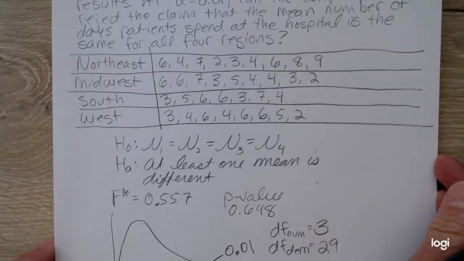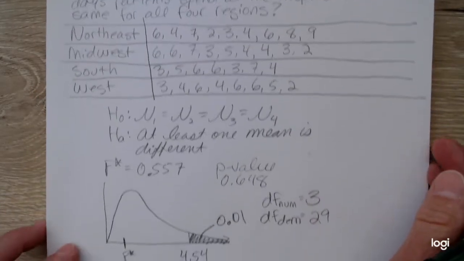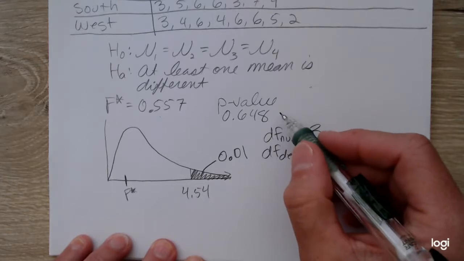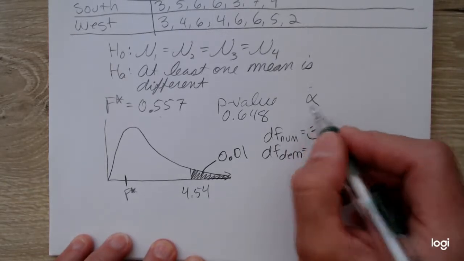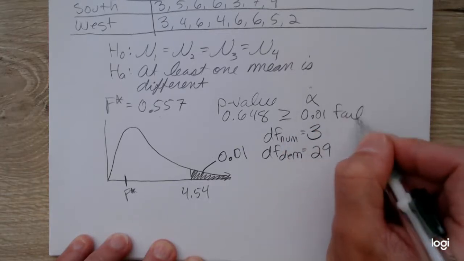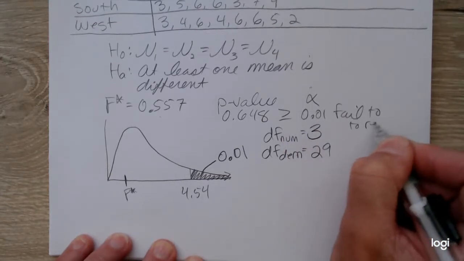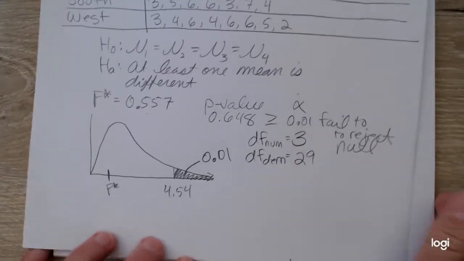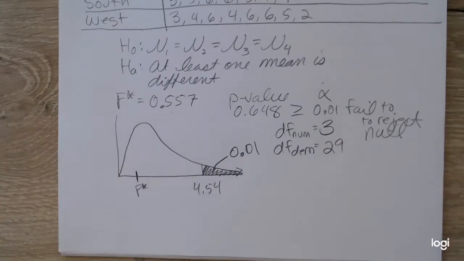There is insufficient evidence to reject that claim. And looking at the p-value, when the p-value is greater than or equal to your level of significance, the decision will be to fail to reject the null. One thing that's nice about a one-way analysis of variance is that all of these are going to be upper tailed tests, so you don't need to worry about dividing alpha in half.